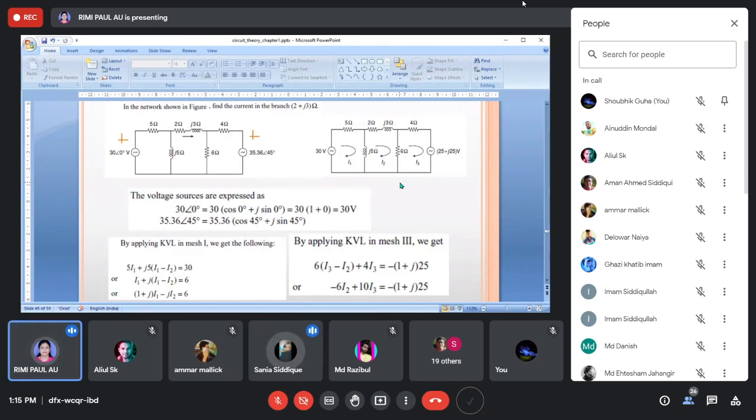I think you can. 6 into I3 minus I2, plus 4I3, is equal to 25 plus J25. Okay. Roll number 25.